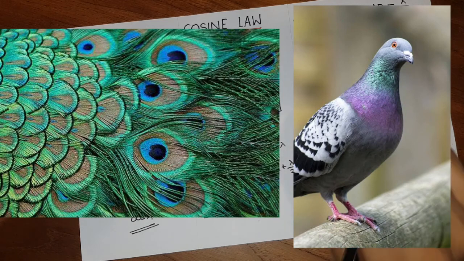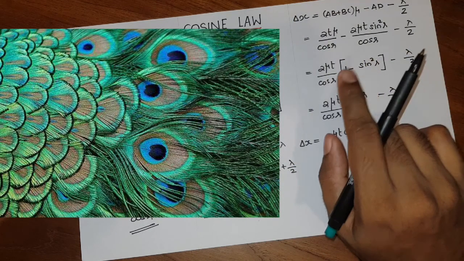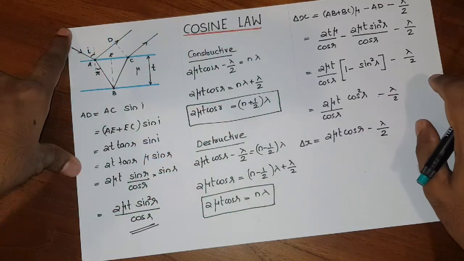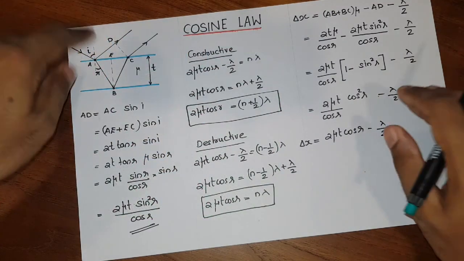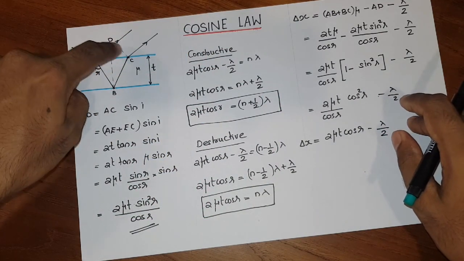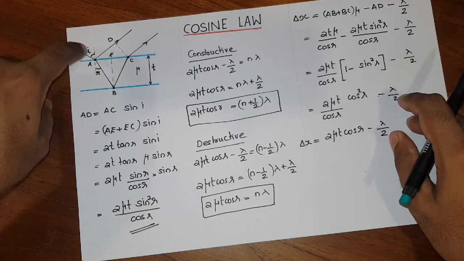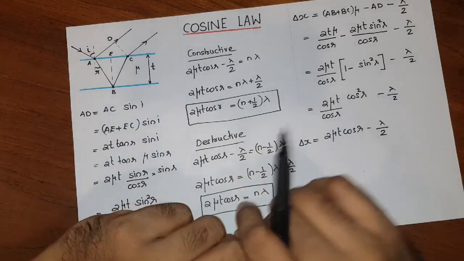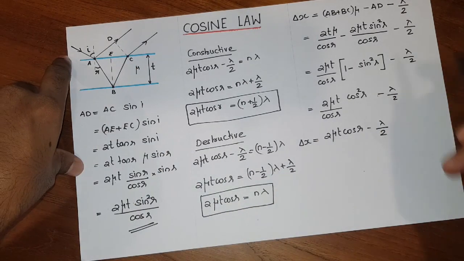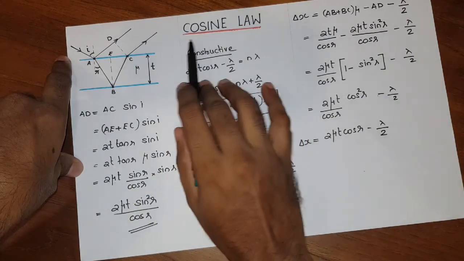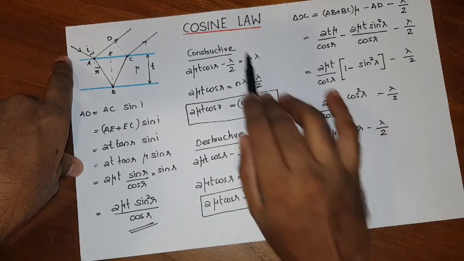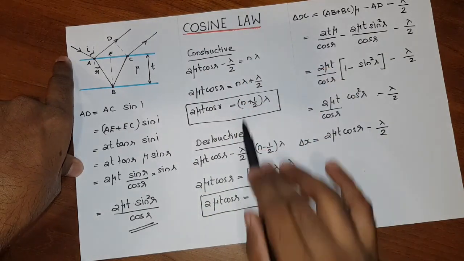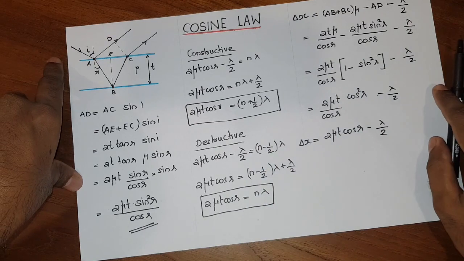At all these places, you are seeing these distinct colors due to these constructive or destructive interferences, or simply the interferences happening between the waves getting reflected from the top part and the bottom part of the thin layer. And this major equation is known as the cosine law, and these are the two different conditions of that.